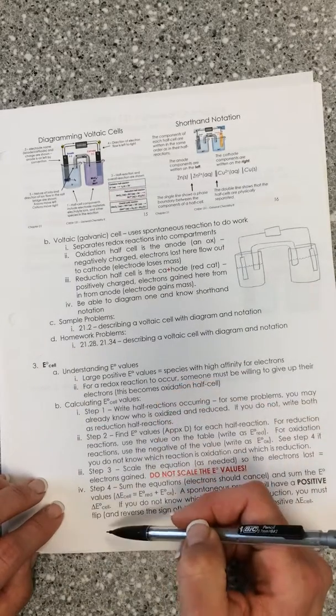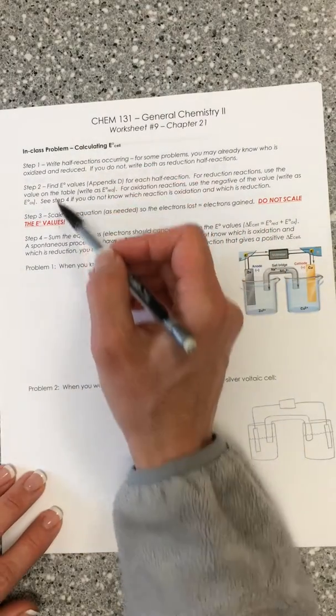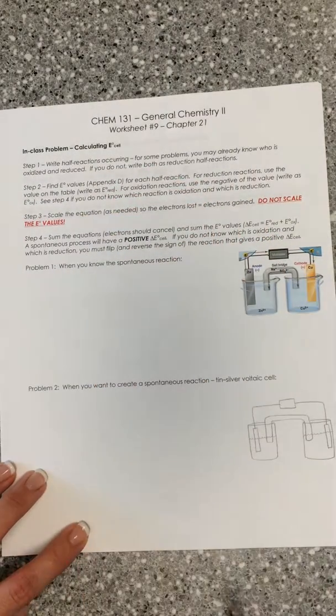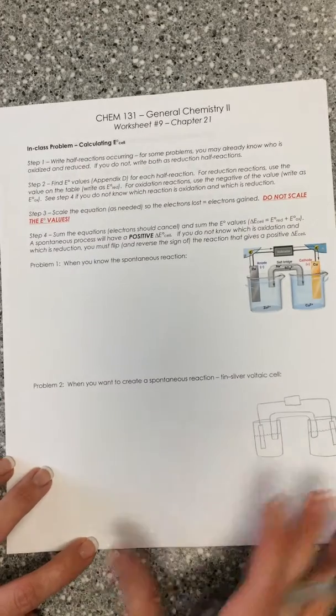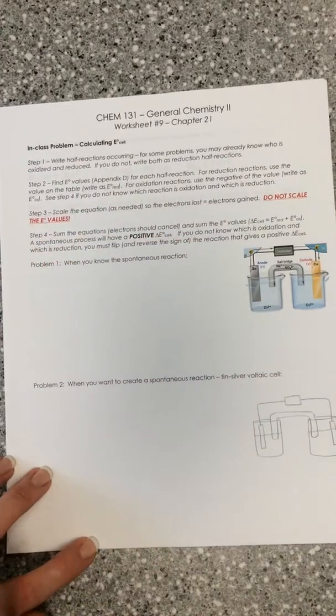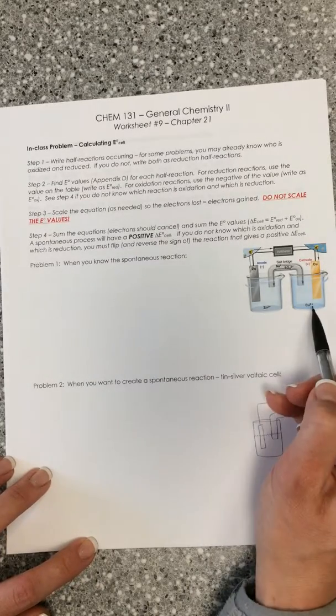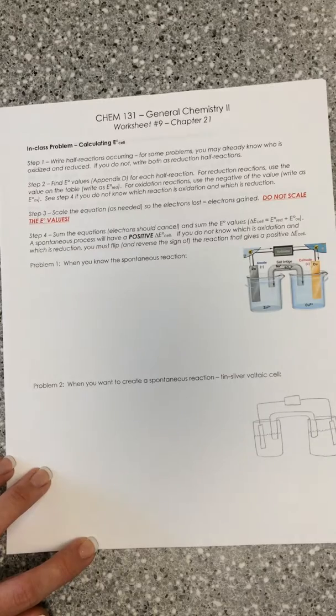So we have some steps to think about in calculating Ecell values. They're on this sheet, so we'll walk through them as we work through these two in-class problems. Okay, so the first step is to write the half reactions occurring. For our first problem, we have our typical zinc copper galvanic cell that we've looked at for some time in lecture.